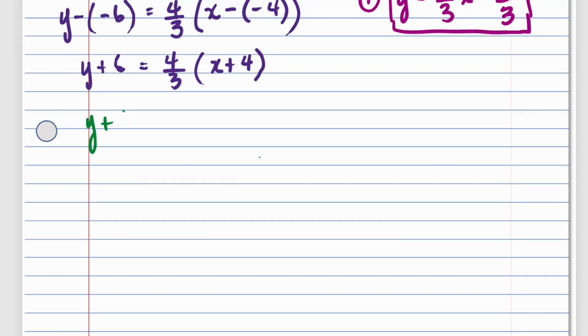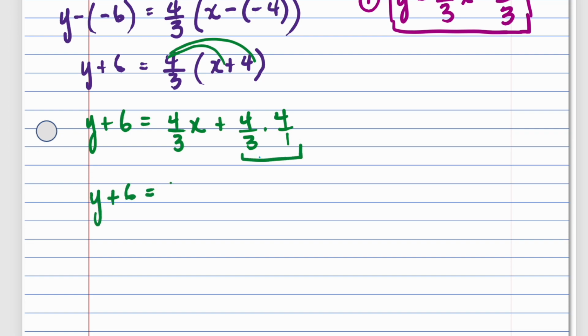Y plus 6 is equal to, we'll distribute the 4/3. 4/3 times x plus 4/3 times 4. Just like 4 over 1. So we have to do that. Y plus 6 is equal to 4/3 x plus 16 over 3. We'll subtract 6. Y is equal to 4/3 x.